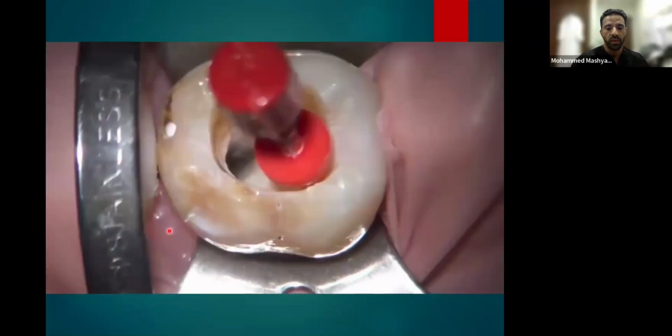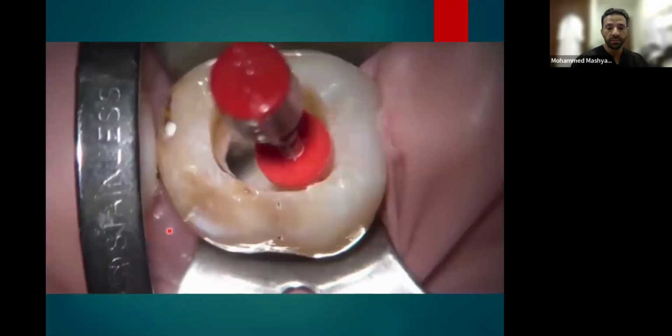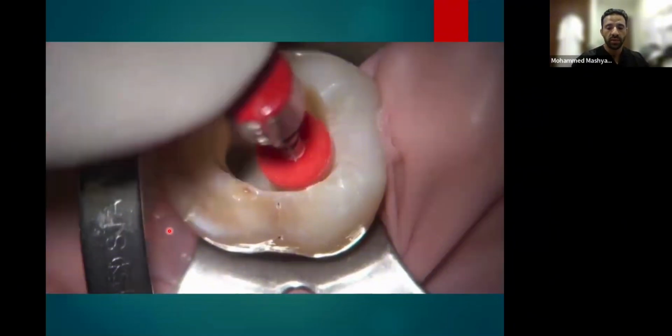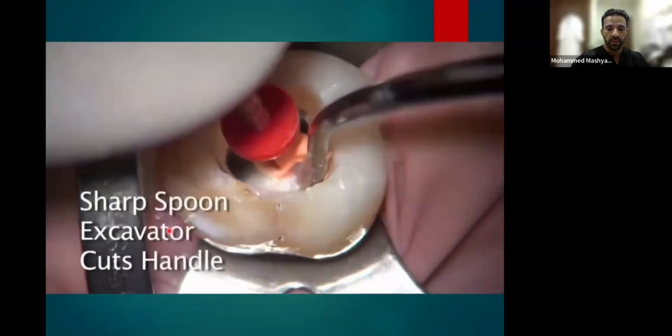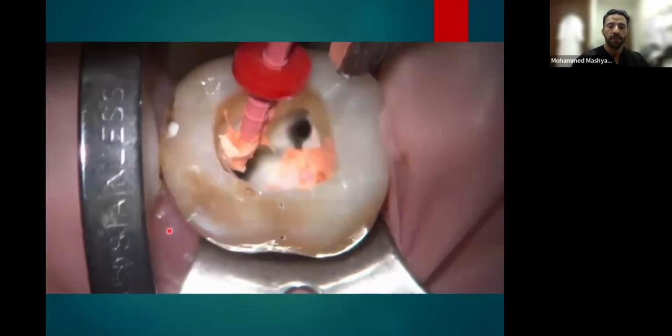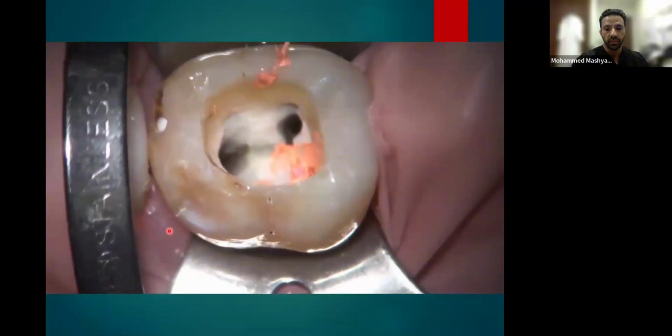The other thing I would do clinically that's just a little different than the video shows, there would be a paper point in the mesiolingual canal to prevent any gutta-percha from going over and clogging that orifice, just making it a little bit easier to prevent any blockage right here.